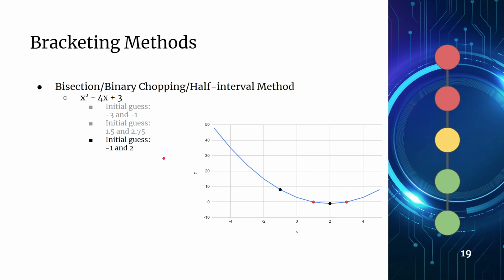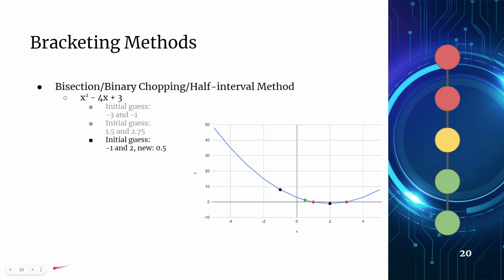So now we know that we just got the right guesses. Now we need to get the answer. So now, using the equation of the bisection method, which was, if we can rewind or pause and go to that slide, we add these two numbers and divide them by 2, we get the new value of 0.5, and it is shown over here in the green point. Now if you look very closely, suppose this is x2 and this is x1 and this is our new x0.